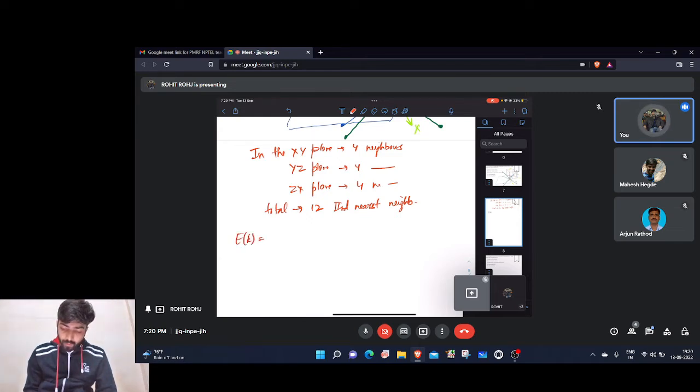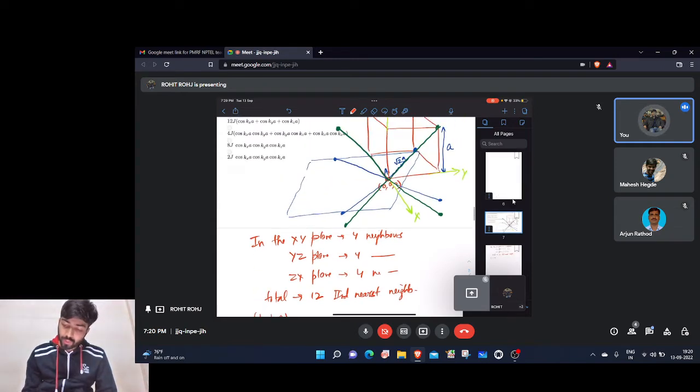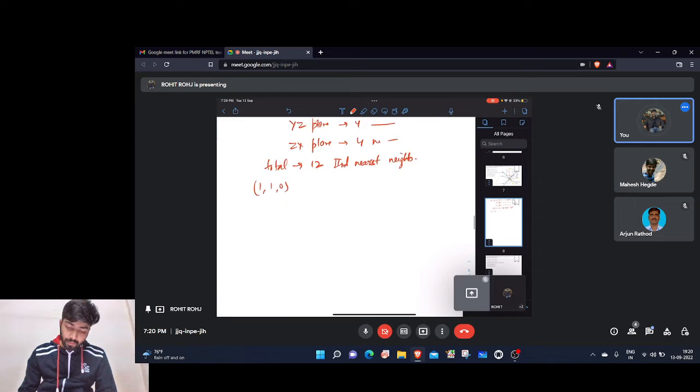Now, these 12 nearest neighbors we can write as follows. Let's say if I am in the xy plane, and I am talking about +1, +1, 0, this would be this one, which is in the positive half of x and y. -1, -1, 0 would be the opposite one to this point.